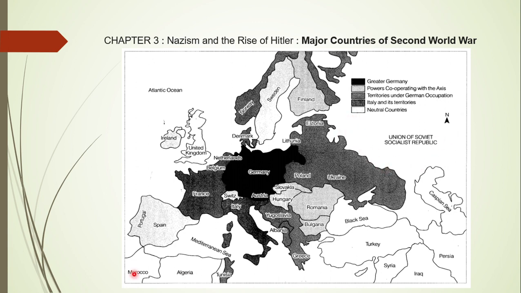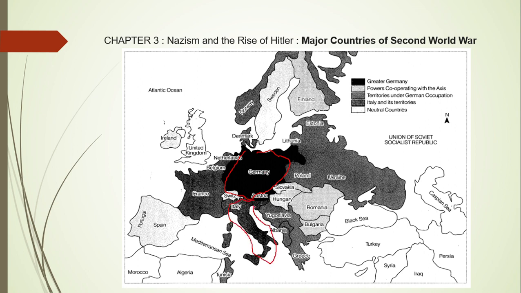Let me mark with the pen. The color must be changed. Let's take the red one. This is the Axis power. We have to talk about the three only. One is in the eastern part of Asia.